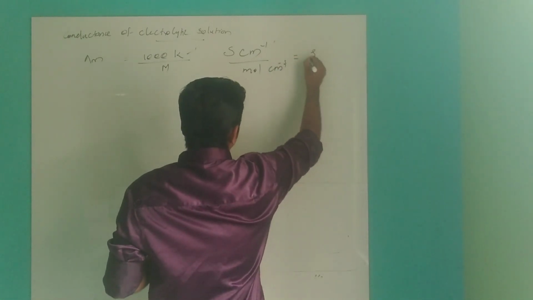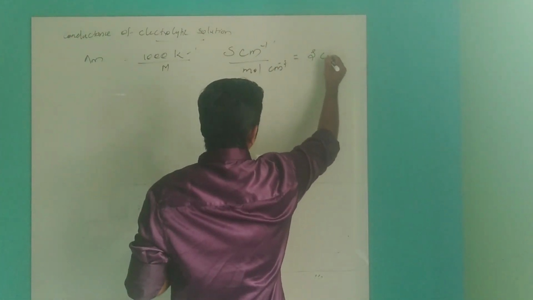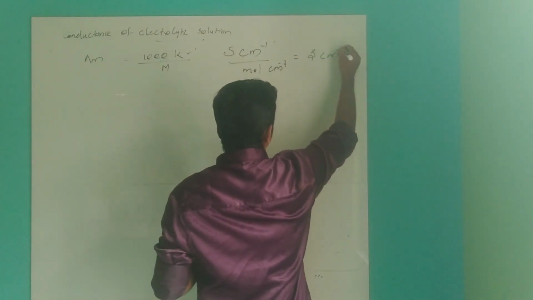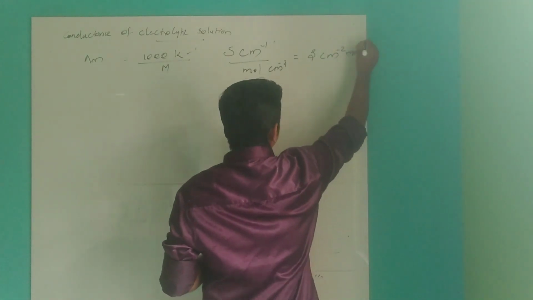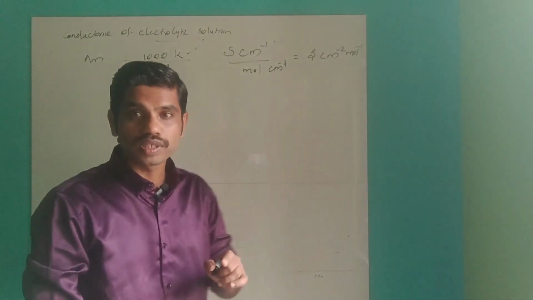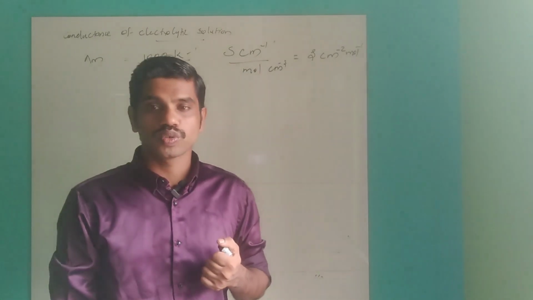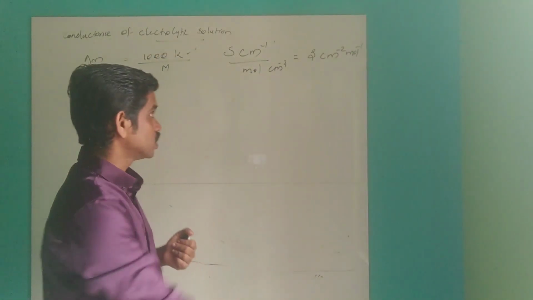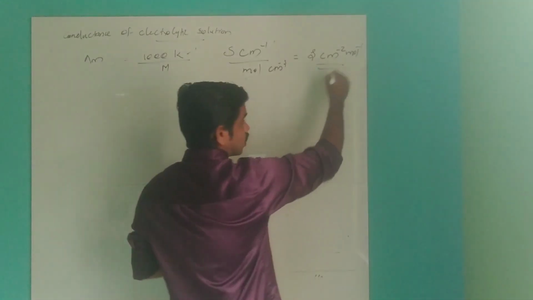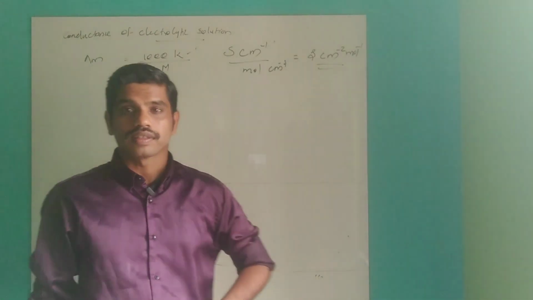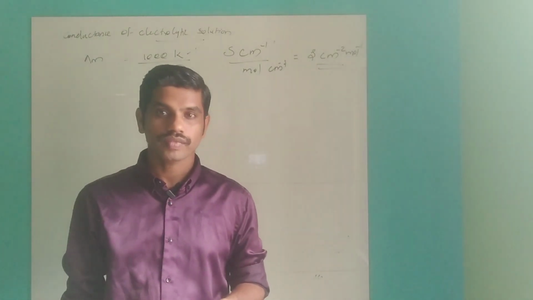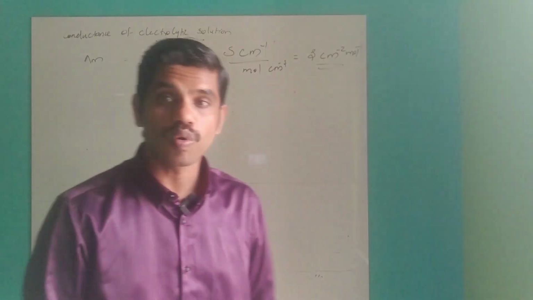So this is equal to Siemens centimeter raised to minus 2 mole raised to minus 1. This is the unit of molar conductance.